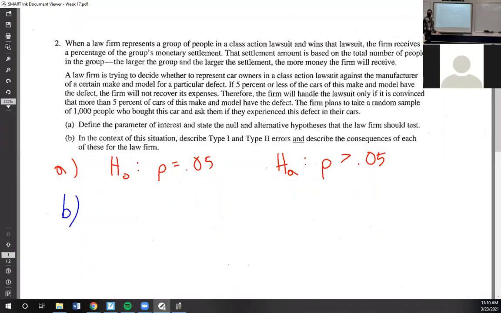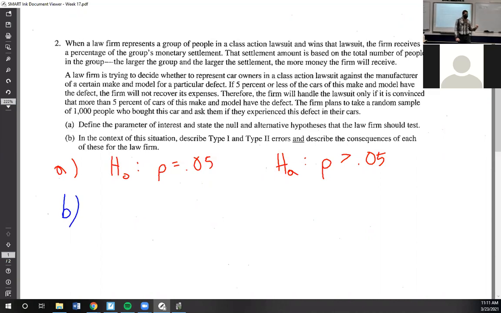All right, let's start. And again, I'm not going to write out every detail here. I just want to go over the broad points so that we're covering a little bit of everything today. Type 1 would be rejecting incorrectly.